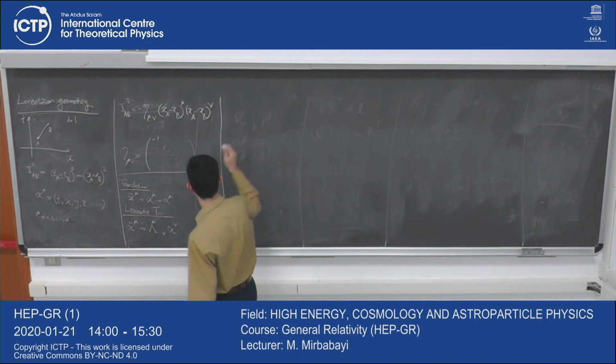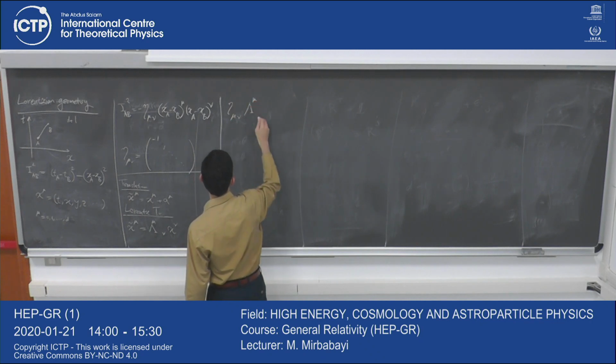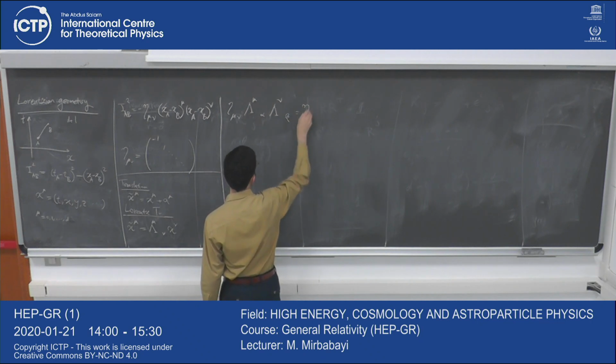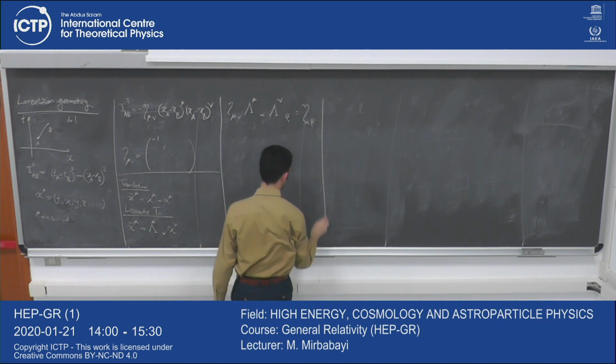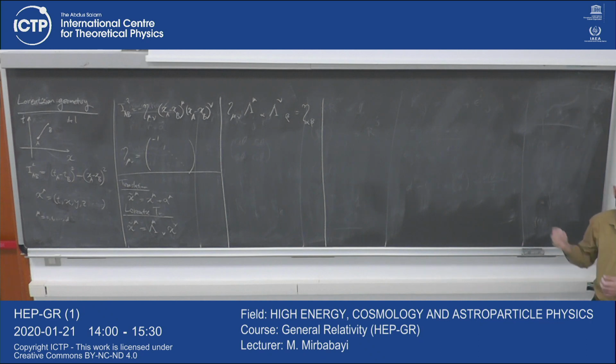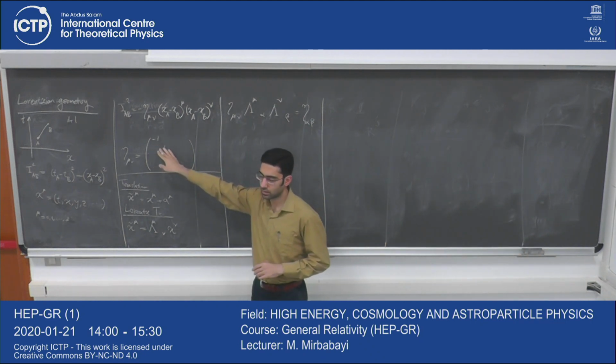So here you get a similar statement: eta mu nu times lambda mu alpha lambda nu beta has to be equal to eta alpha beta. These are again orthogonal matrices, except that they are defined in a space-time rather than in a space, so the signature of the metric is different.